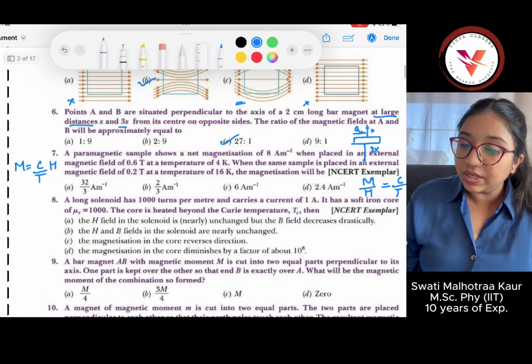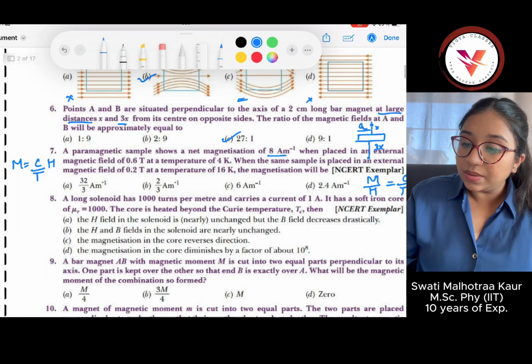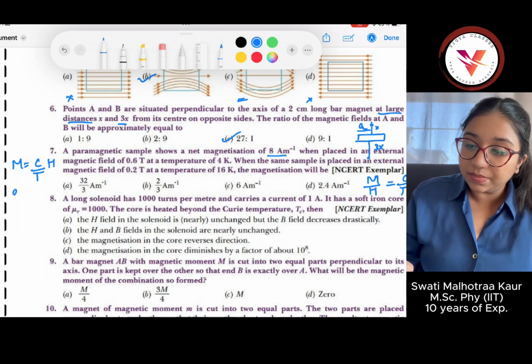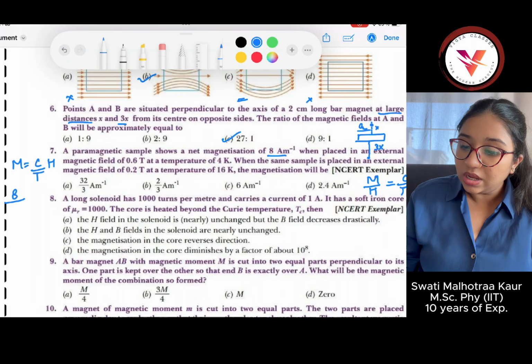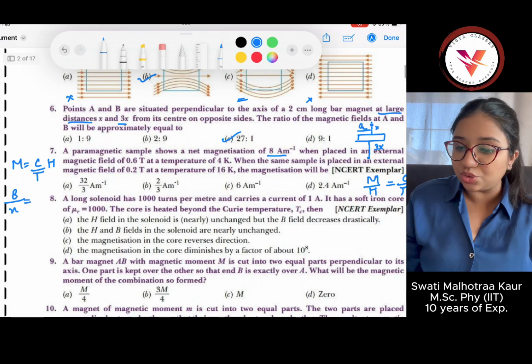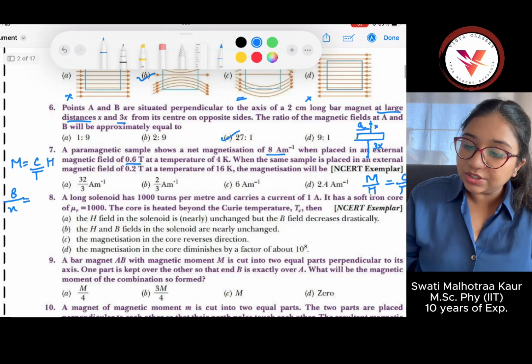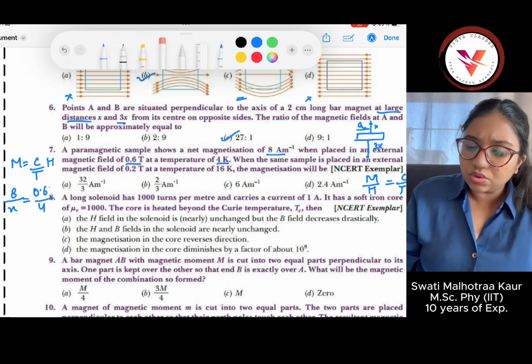Initially the magnetization is 8 ampere per meter, and we have to calculate the magnetization of the other one. C is constant, so let's take H by T. For the first, H is 0.6 Tesla and temperature is 4 Kelvin, so 0.6 by 4, dropping the units.